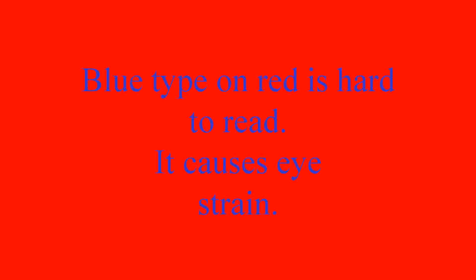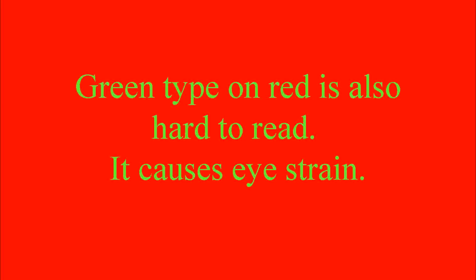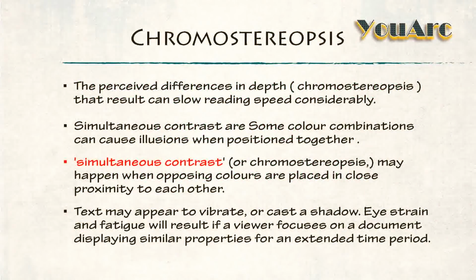Hope I'm hurting your eyes, but it is an example where two contrast colors come together: red versus blue, blue versus red, green versus blue. The perceived difference in depth slows reading considerably. In the previous slide we can read, but the speed got reduced. This is created due to chromostereopsis.